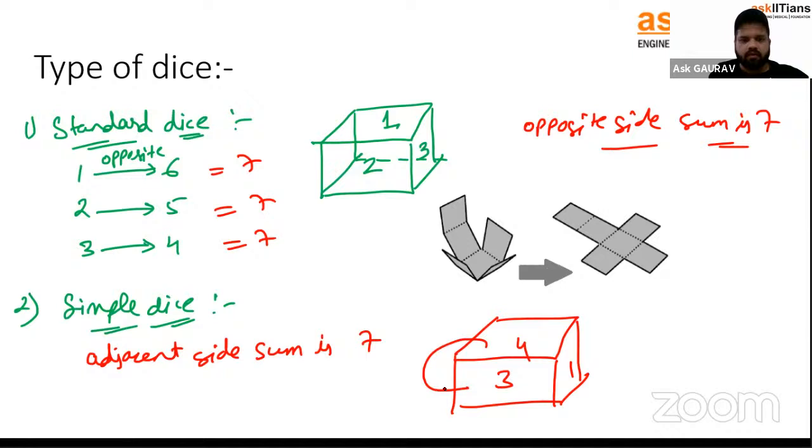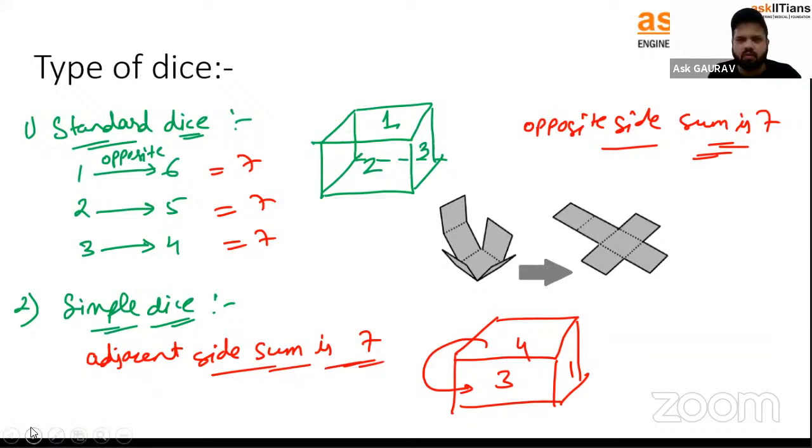So here the adjacent side sum is 7. That's it, two types of dice. In the standard one, 1 is opposite to 6, 2 is opposite to 5, 3 is opposite to 4, so the opposite side sum is 7. In a simple dice, the adjacent side sum is 7, not the opposite one. I think it is clear.